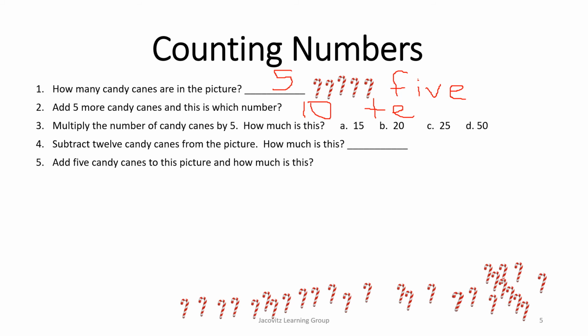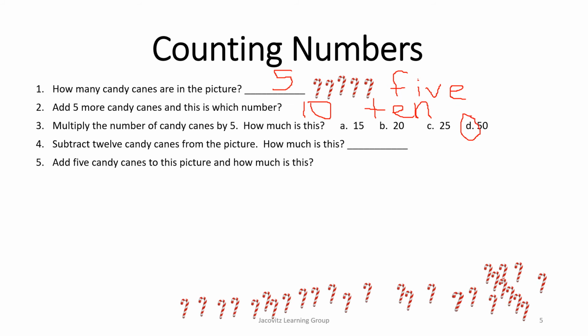T-E-N, 10. The only other ten is a tin can, and that's a different spelling. Now, if you want to be really adventurous, multiply the number of candy canes by 5. So that would be 10 times 5, which would be 50. And you're multiplying the current number and not the old number, so your answer here is D.